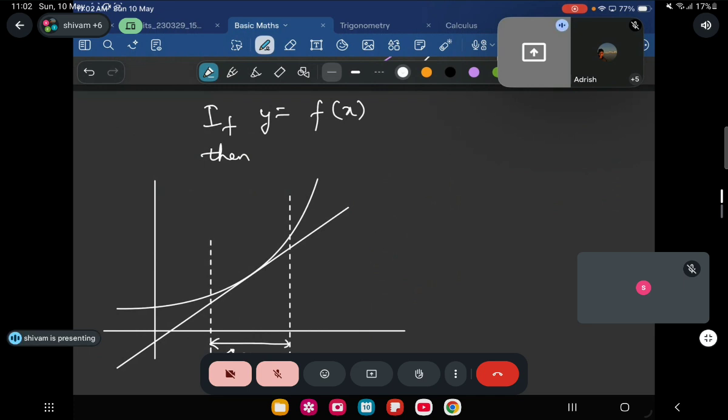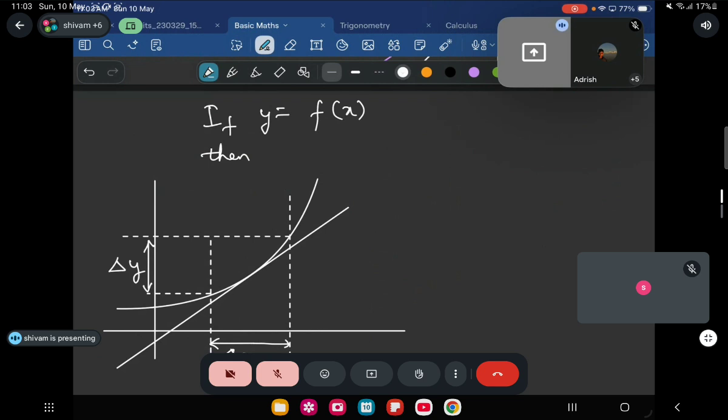Corresponding on the y-axis we will get y1 and y2. So this is delta y. Delta y means difference in y. Delta x means difference in x.